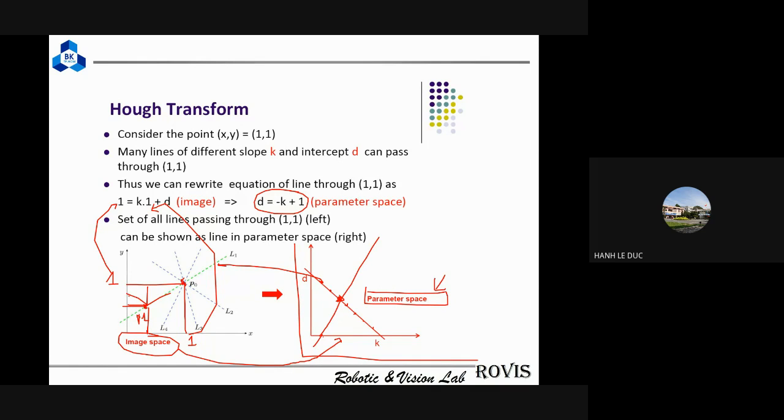From this one, we will know the coordinate of this point, and then we can calculate the equation of the line in the image space.